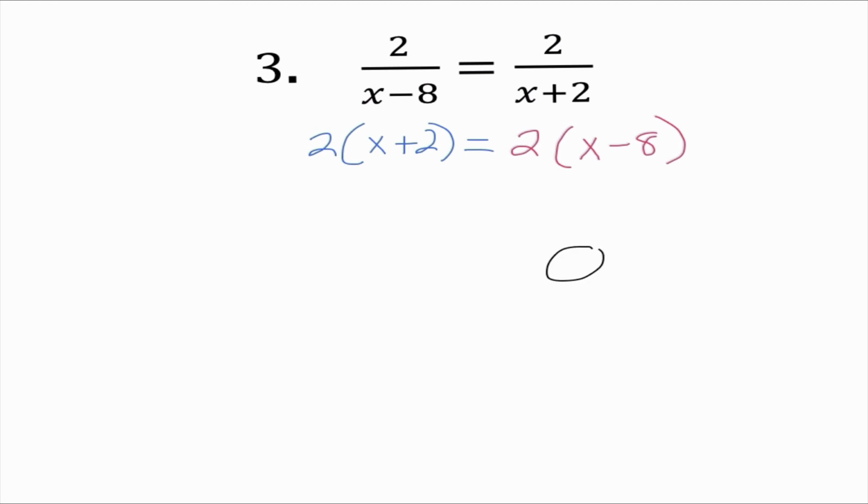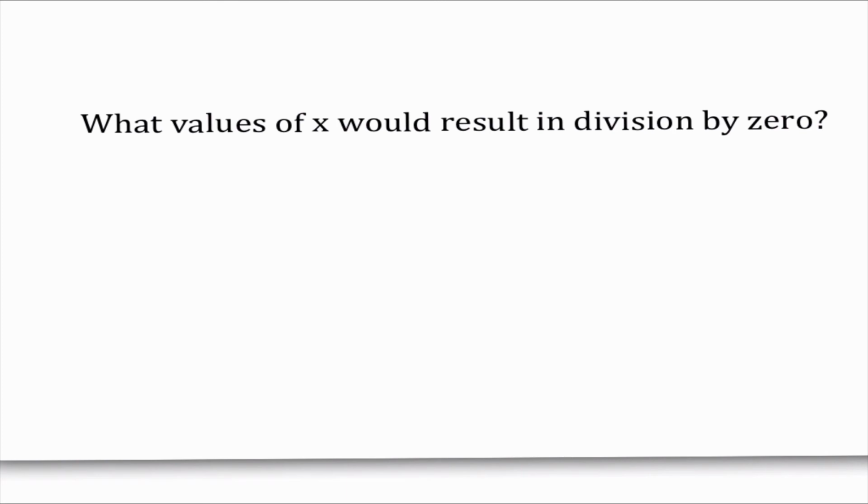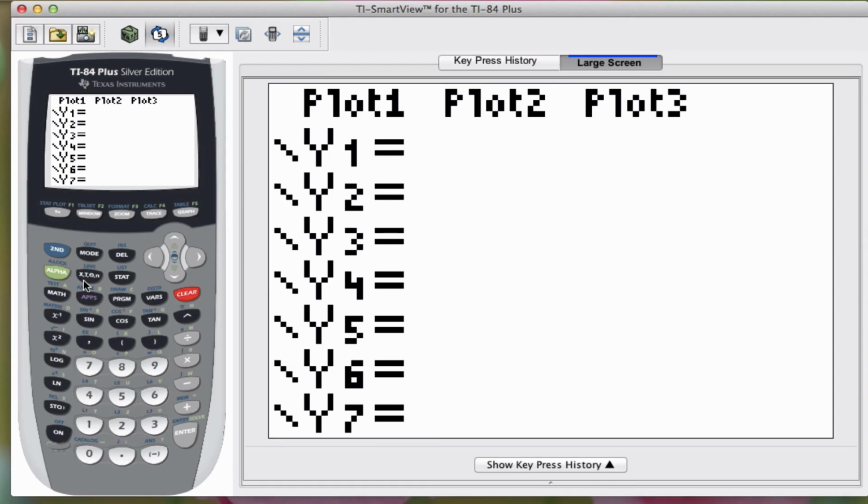Remember, we ended up getting no solution here. And now let's go ahead and figure out which values would have given us division by 0. And let me scroll down to that. And we would say 8 and -2. So I'm predicting that those are going to be where we see asymptotes when we go ahead and graph this.